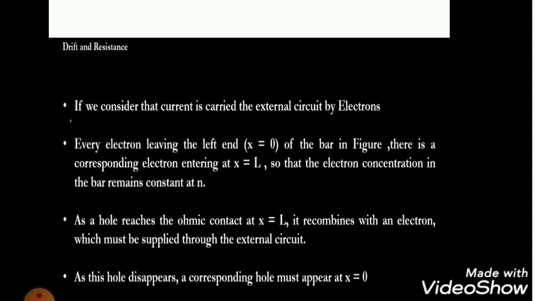Every electron leaving the left end x = 0 of the bar figure, there is a corresponding electron entering at x = L. That's why the electron concentration is the same. As a hole reaches the ohmic contact x = L, it recombines with an electron. As the hole disappears, a corresponding hole must appear at x = 0.